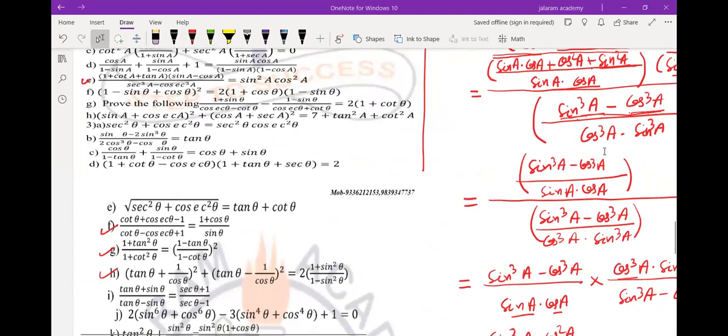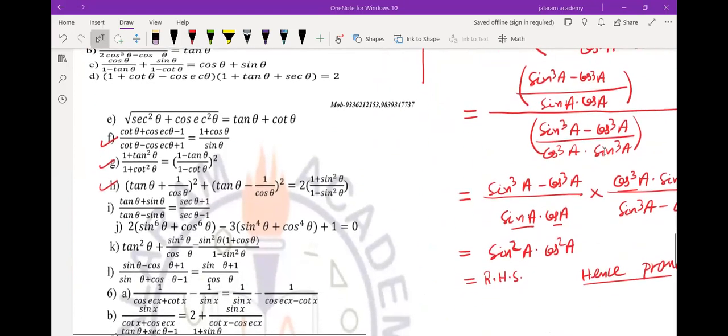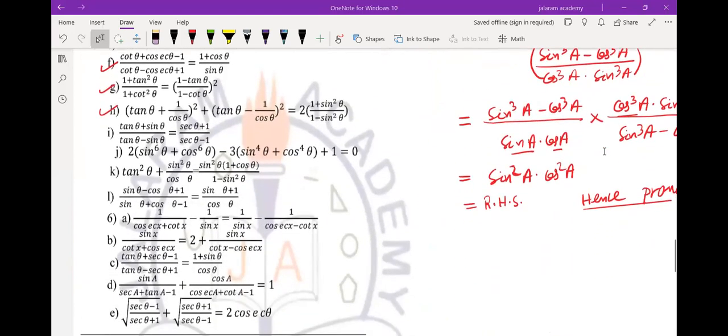Now question number 3F from the sheet. Cot theta plus cosec theta minus 1 over cot theta minus cosec theta plus 1 equals 1 plus cos theta upon sin theta.